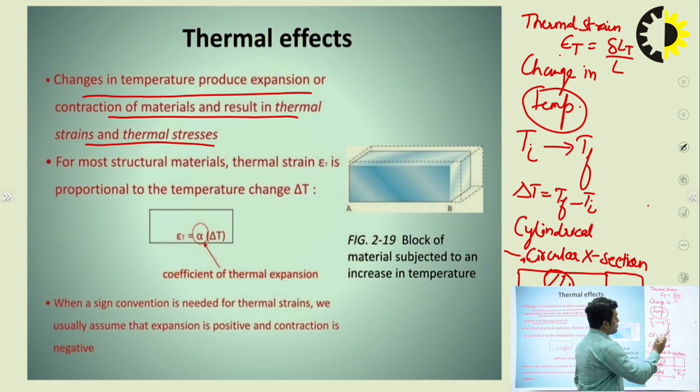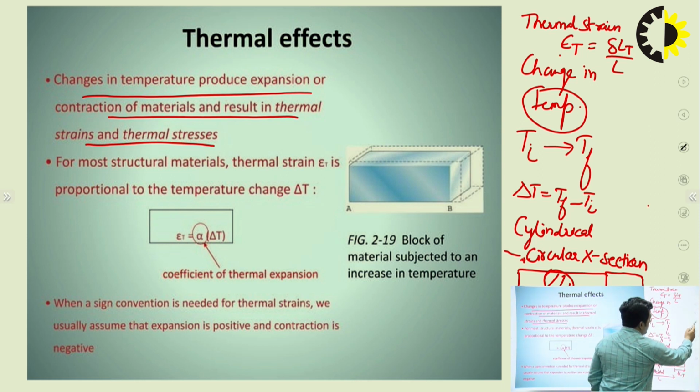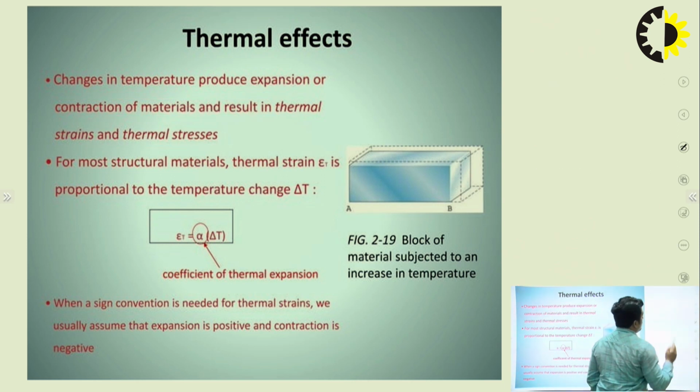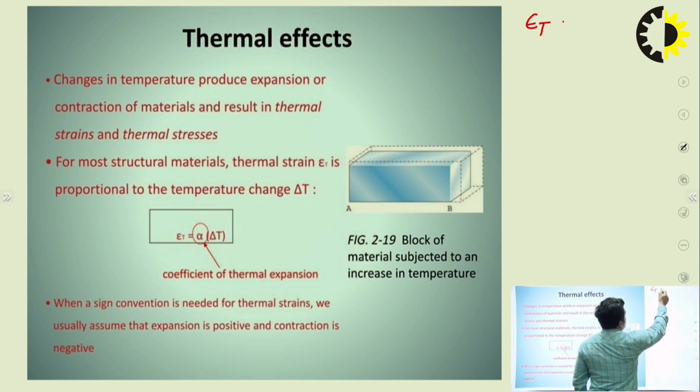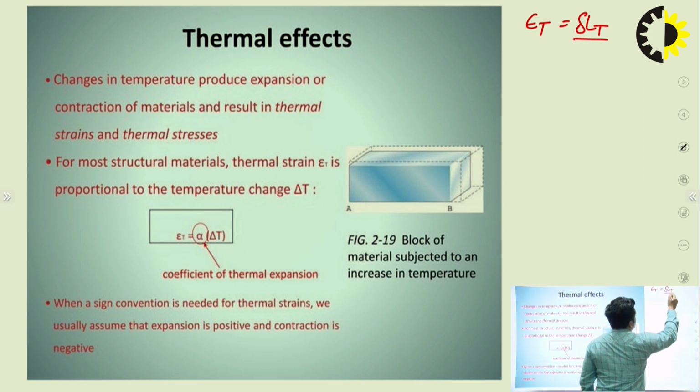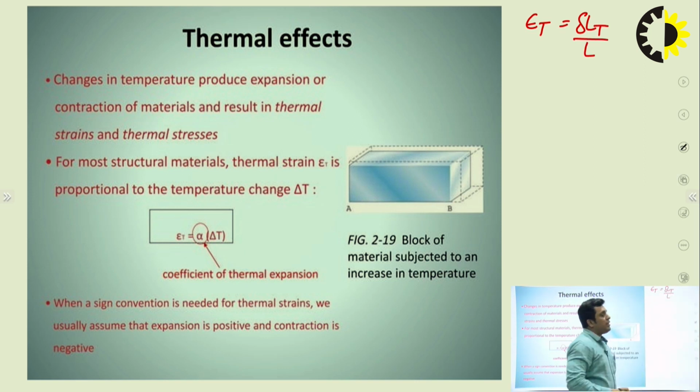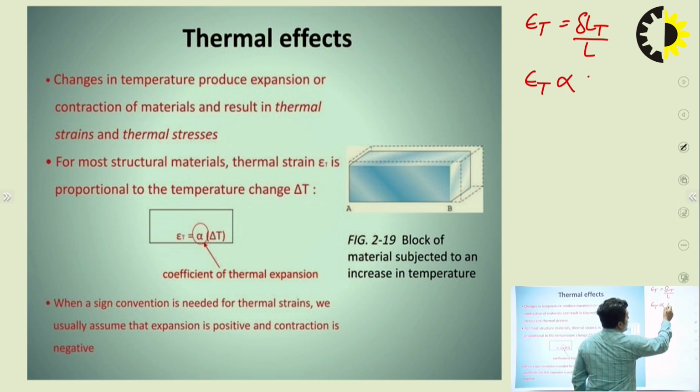Now, what did we get from this entire concept? That thermal strain is nothing but the change in length due to increase in temperature upon original length. That means we get epsilon T, the thermal strain, whenever there is a change in temperature.